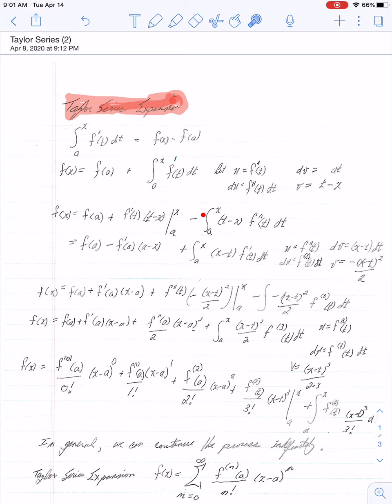Now, I'm going to move the minus sign inside, and instead of t minus x, I'm going to write that as x minus t. And this is times f double prime, so there's another prime here.